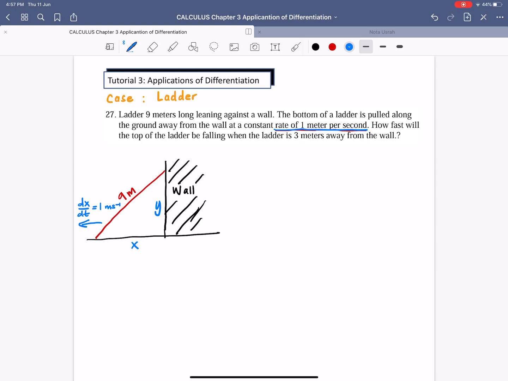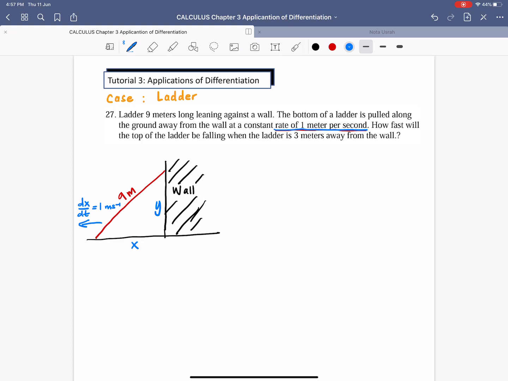When you pull away from the wall, the x value increases. That means dx/dt is a positive value.